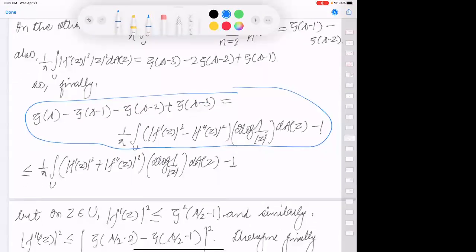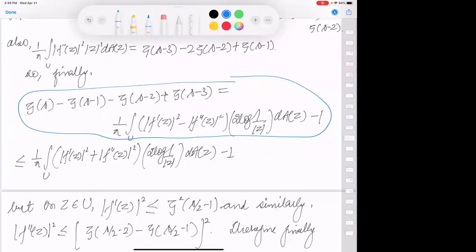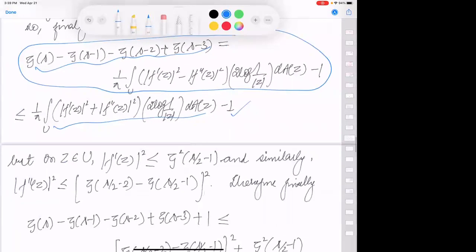When we do all these things, we get this equality just after the subtraction. Now I can bound this whole thing by this quantity, which is 1 over pi times the integral of the absolute square of f prime and f double prime, multiplied by 2 log of 1 over absolute z, dA of z. Now you can notice that the absolute value of f prime of z is going to be less than zeta of s over 2 minus 1, whose square is going to be less than the whole square.